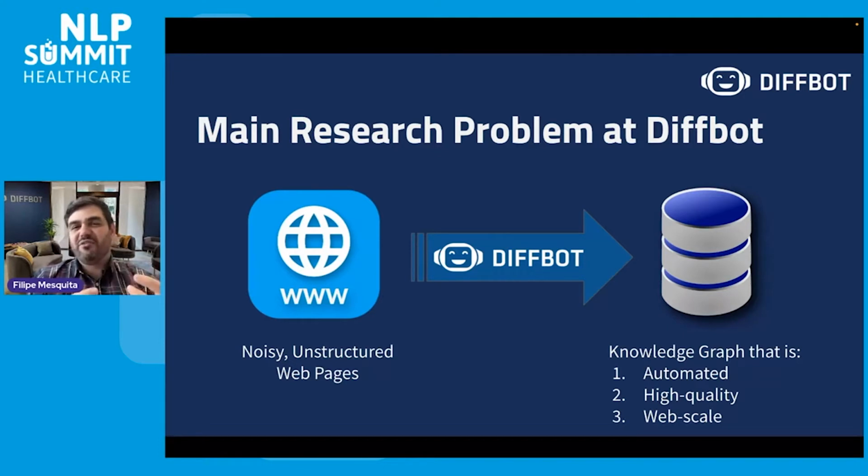It's not in a format that machines can quickly and easily use, and so that's where Diffbot comes in. We're trying to get the information and create a really comprehensive knowledge graph of the public web that's 100% automated. There's no human involved. It's high quality. We are trying to denoise the data on the web, and it's again at web scale.